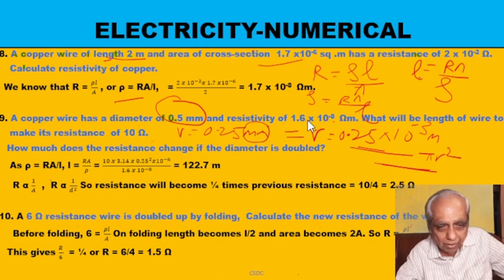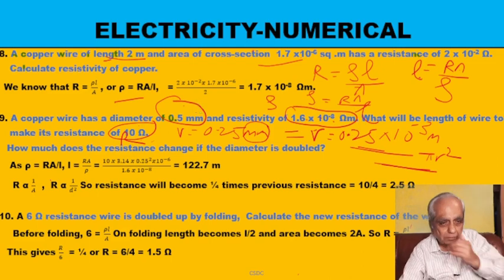Rho is given 1.6 into 10 raised to minus 8, and R is given to be 10 ohm. This is my resistance, this is my R. This is my rho. And from here calculate the area. That will get the answer.